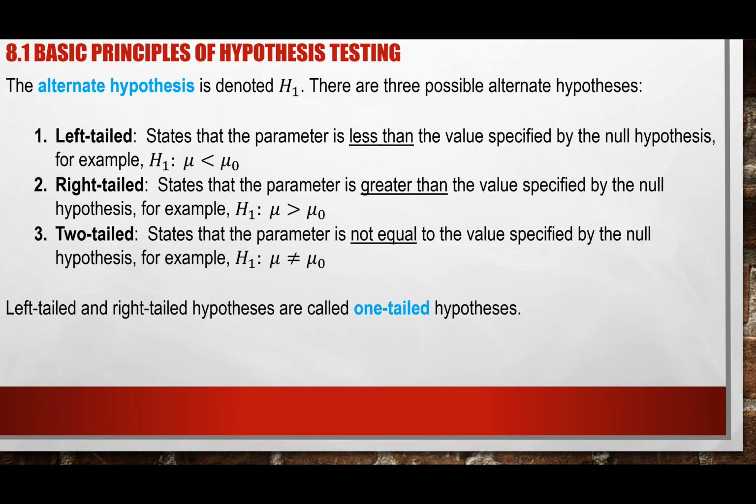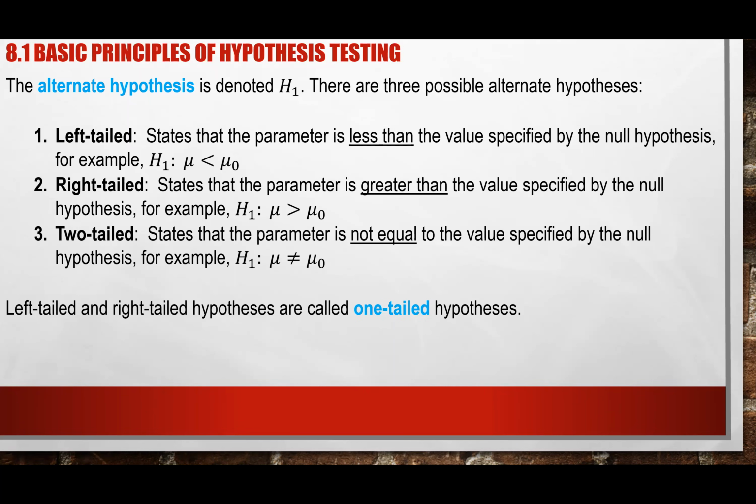It can take on the less than, the greater than, or the not equal to, right? Each of them is individual. There's no way that you have one problem and both of them together. If both are together, like number 1 and 2, we say that is number 3, which is the two-tailed test. You will never have a right tail and a two-tail together. You will either have a left tail, a right tail, or a two-tail.